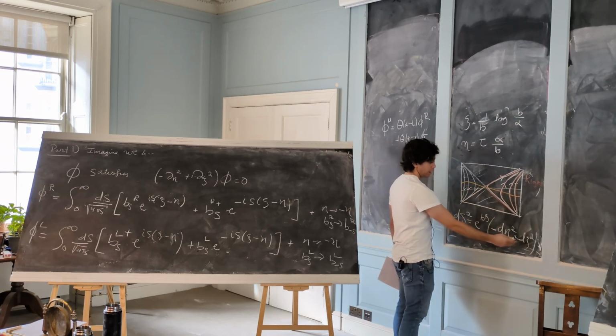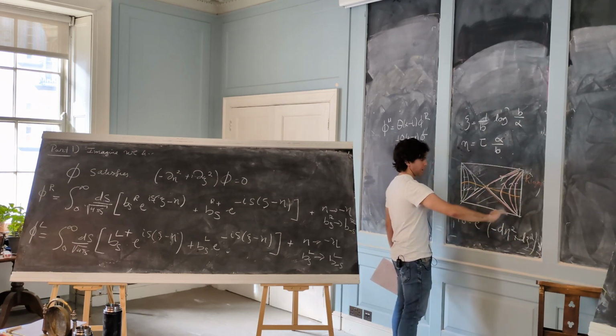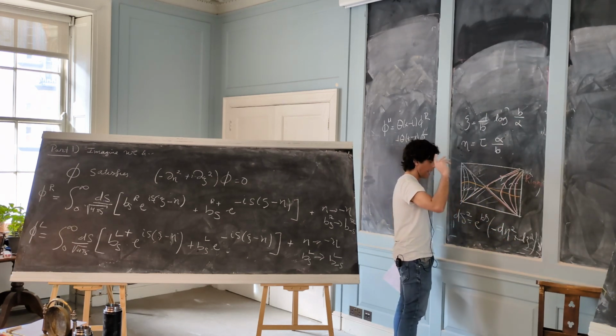Well, it's xi equals 0, and, sorry, and eta equals tau is this null ray.